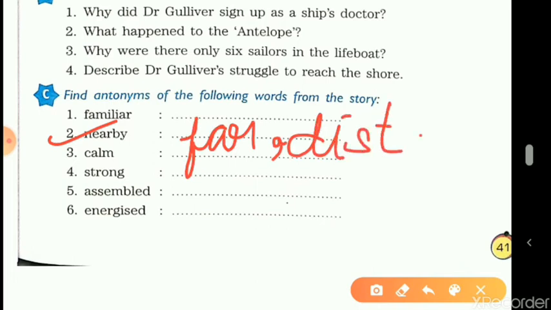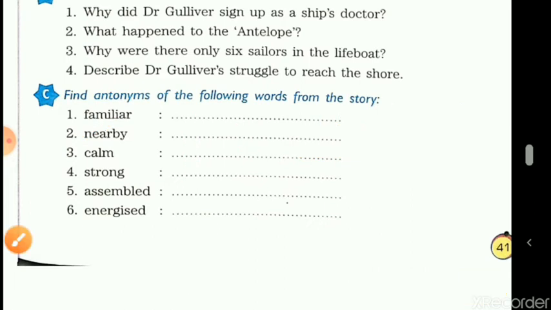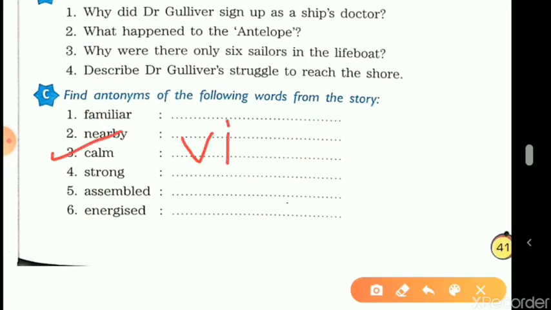So, there are two antonyms of nearby: far, distant. Now, the third one, calm. The antonym of calm is violent.